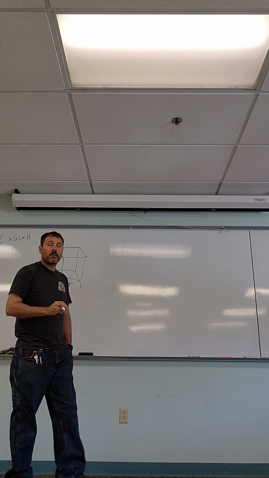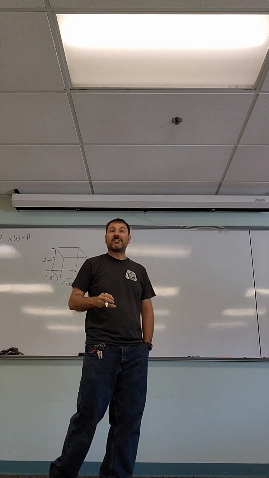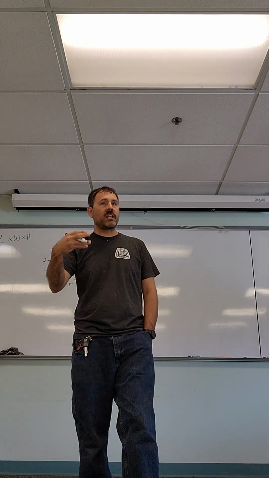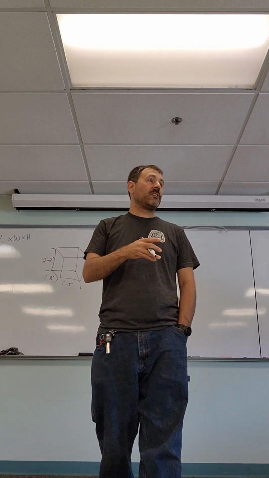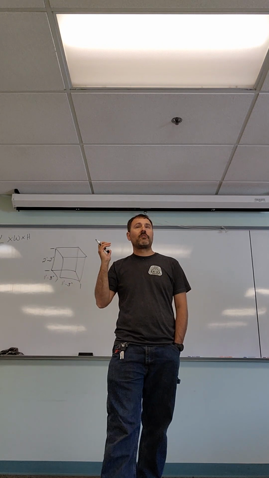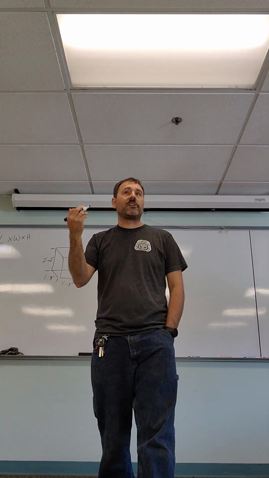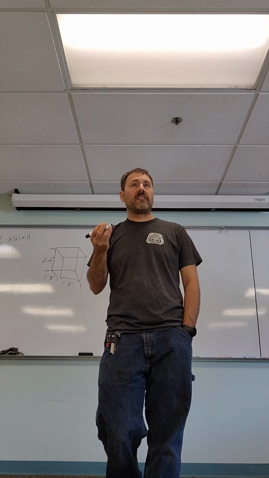So the first thing that we're going to want to do is convert all of this over to inches. Could you put it in your calculator as feet and inches and still get the correct answer? Yes, but if you're out in the field and you don't have your calculator, I would rather you change it all over to inches and then convert it back for your feet, because then you know that you're not going to make an error putting it in the calculator.